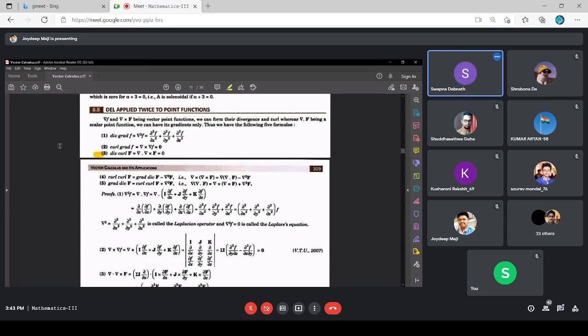Now del f within the bracket, that quantity is a vector quantity. And del is also a vector quantity, and find the cross product.